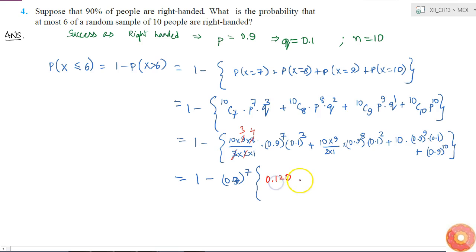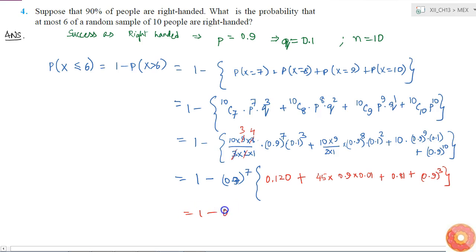So it is 0.120, plus 10 into 9 by 2 into 1, which is 90 by 2, which is 45. So 45 into 0.9 into 0.01, plus 10 and 0.1 will get cancelled, so I'll get 0.9 square, which is 0.81, and this is 0.9 cube. Correct?